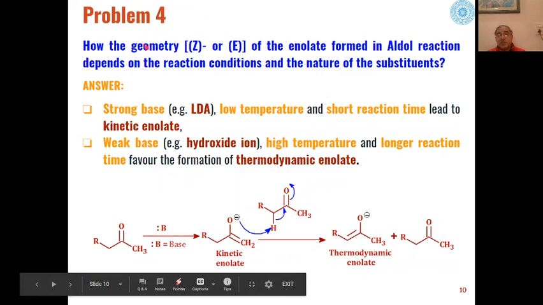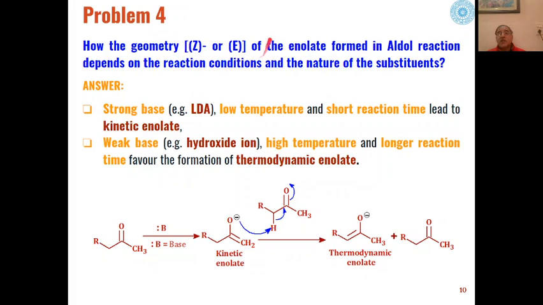The geometry of Z and E enolates formed during Aldol reaction depends on reaction conditions and nature of the substituent, and these reaction conditions also lead to the formation of kinetic enolates or thermodynamic enolates.